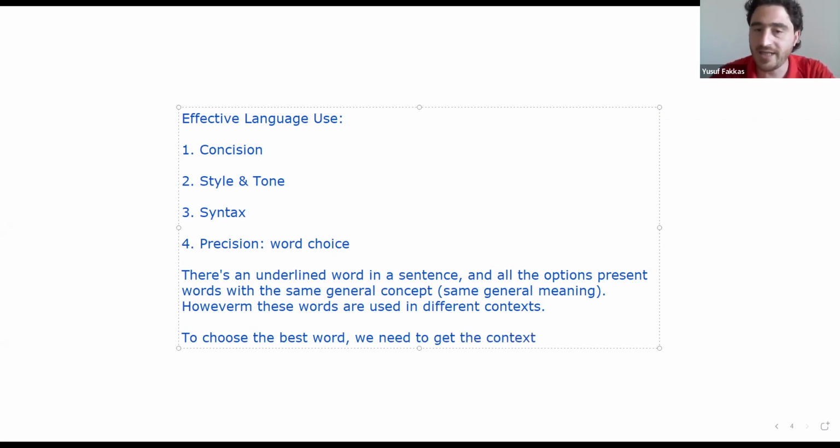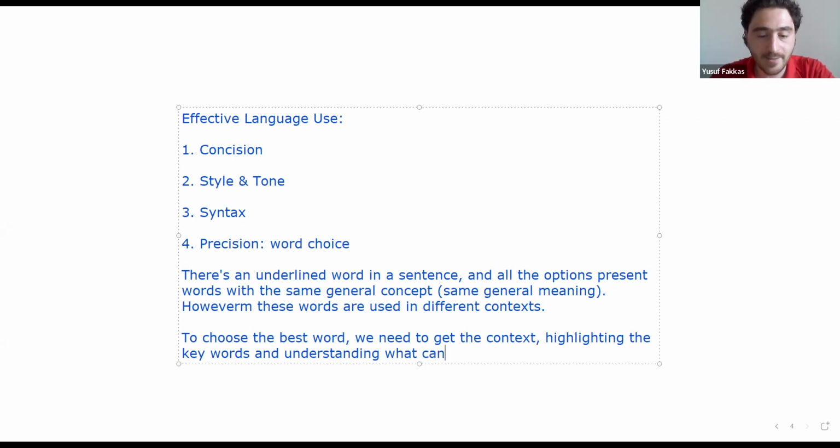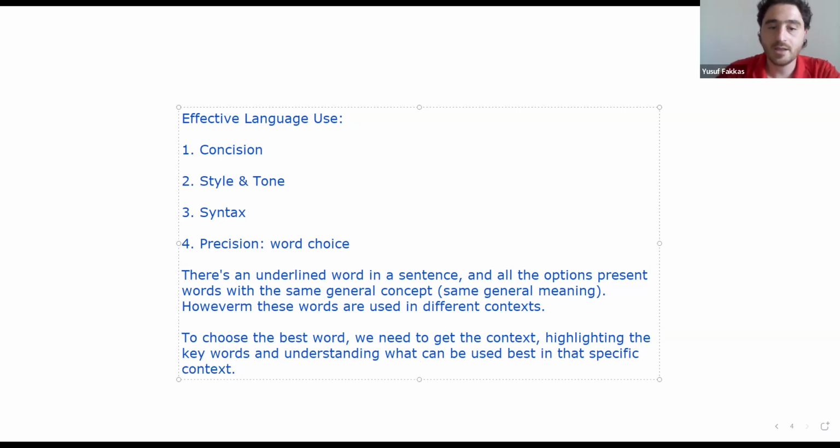As usual, you're going to read, highlight words, highlighting the keywords and understanding what can be used best in that specific context. Okay, let me show you an example.